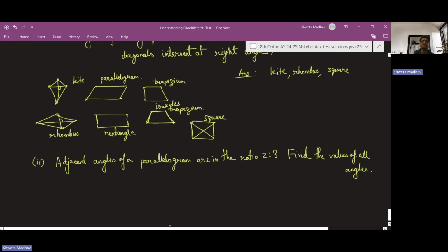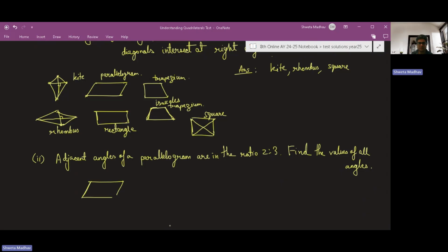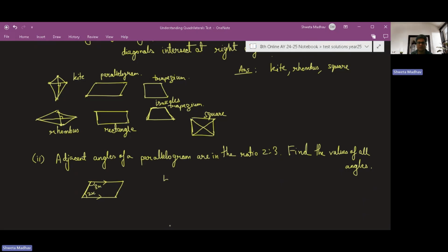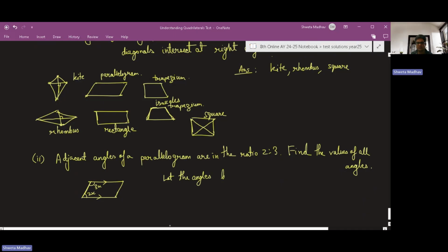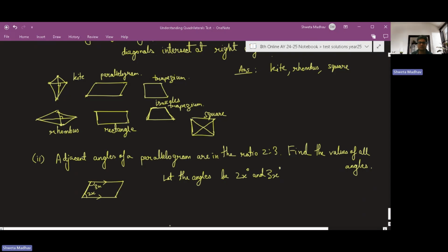In a parallelogram, the sum of the adjacent angles will be 180 degrees, since the opposite sides are parallel, so the co-interior angles sum to 180 degrees. Let the angles be 2x degrees and 3x degrees, since they are in the ratio 2:3.